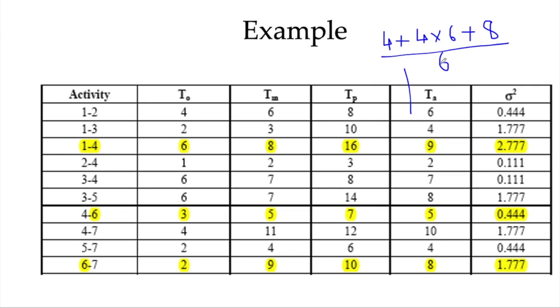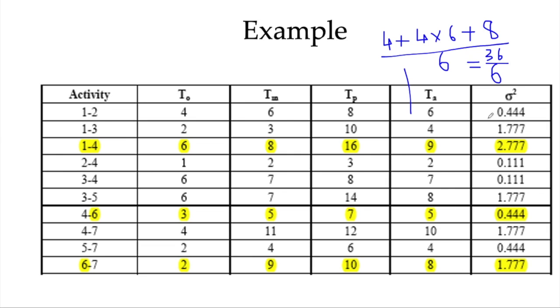Now you can compute. It is basically 4 plus 24 is 28, plus 8 is 36, by 6. So 36 by 6 is 6 in this case. Similarly for others you can compute.